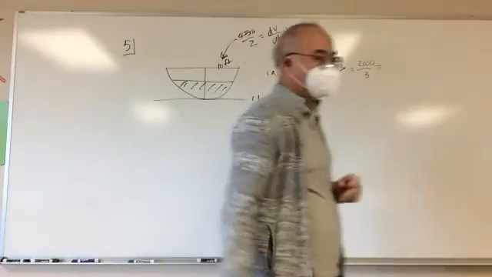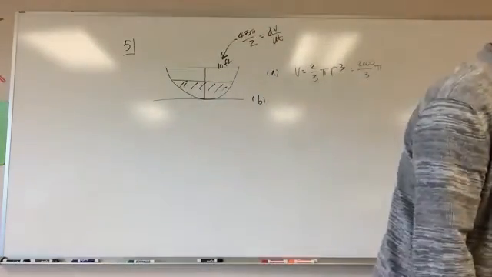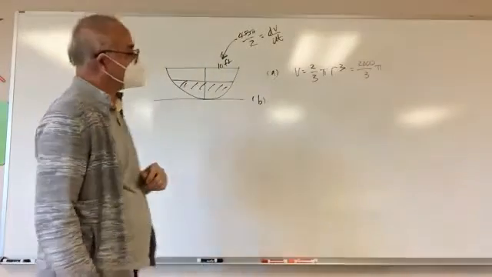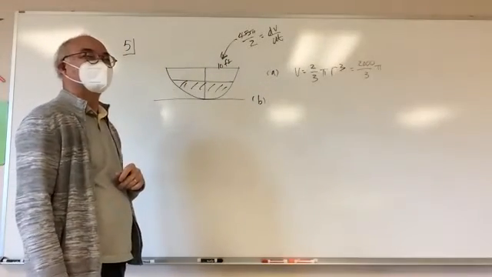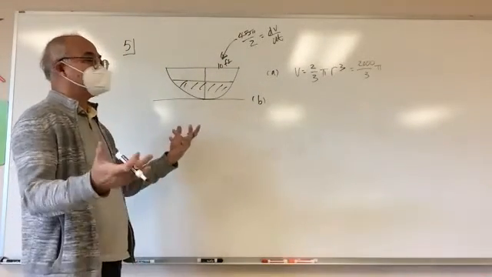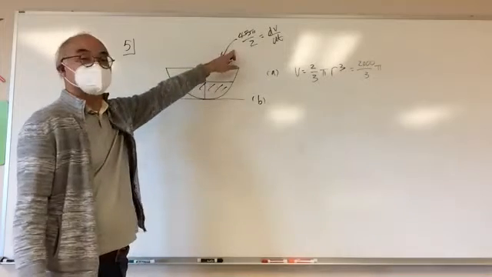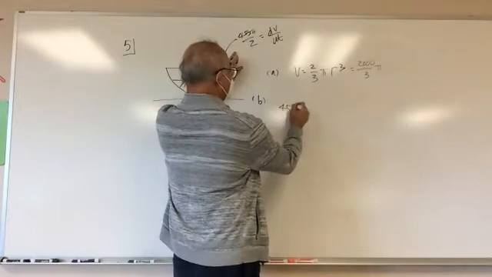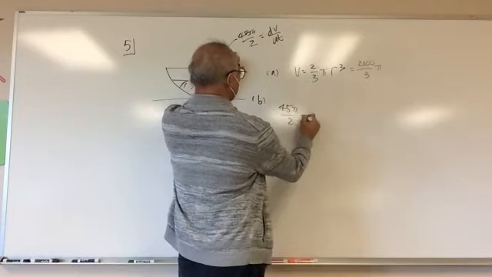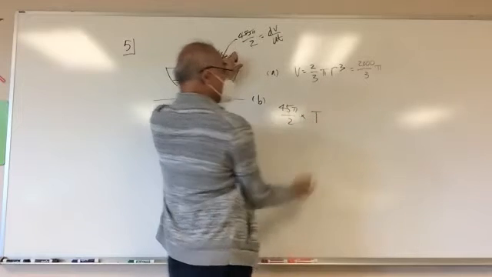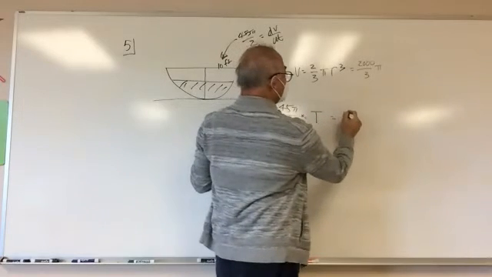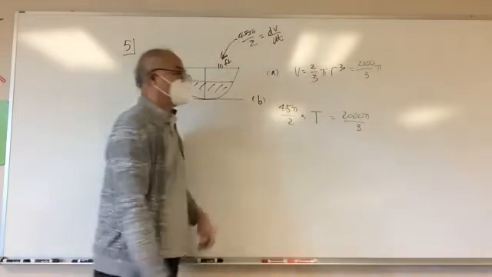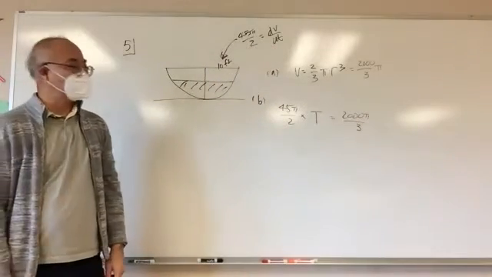B. How long will it take to fill the tank? Think about it. It's going in at this rate, right? So it's some rate times some number of minutes, and it'll be full when it reaches that volume. It's pretty simple, right?